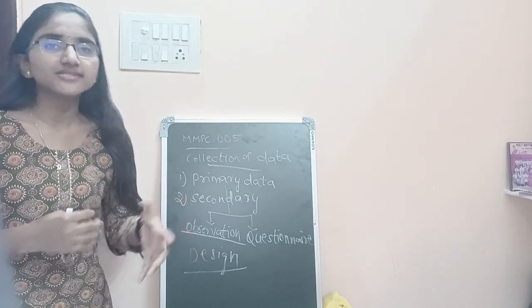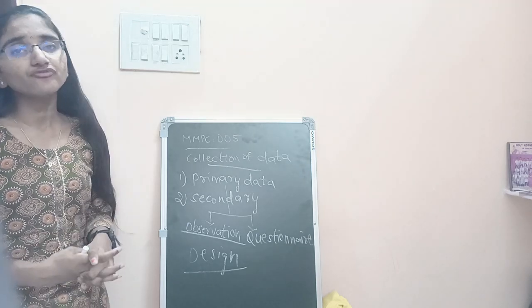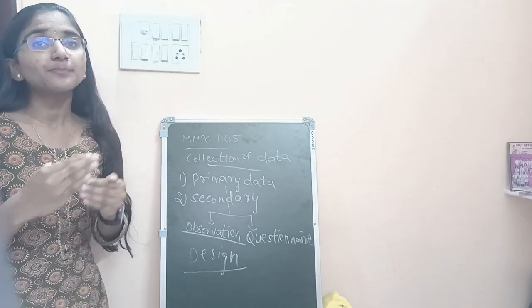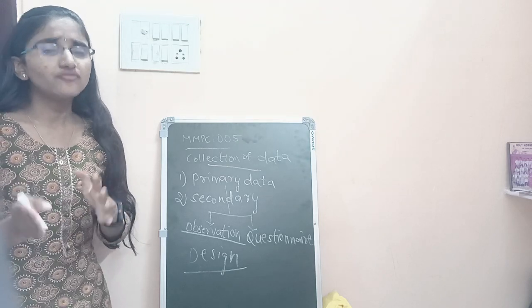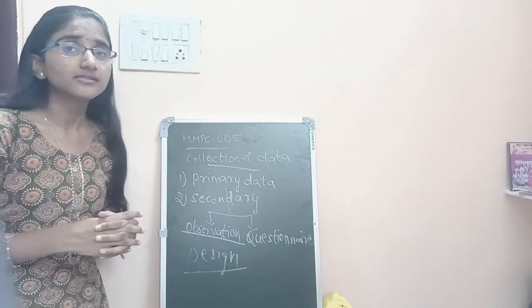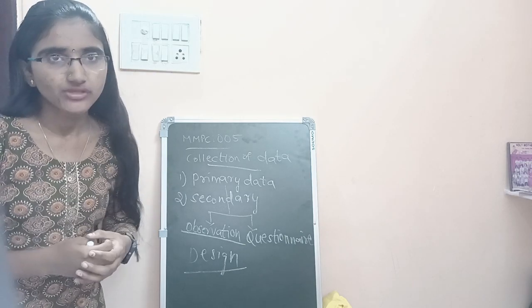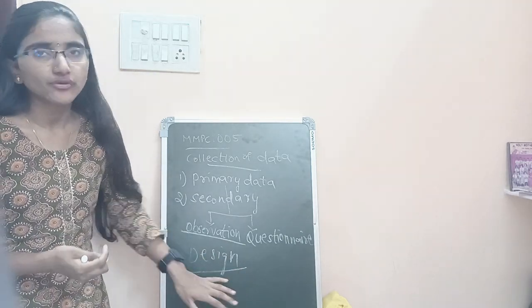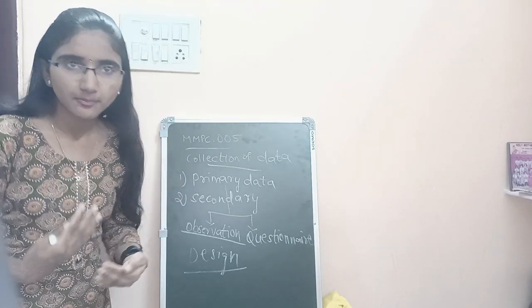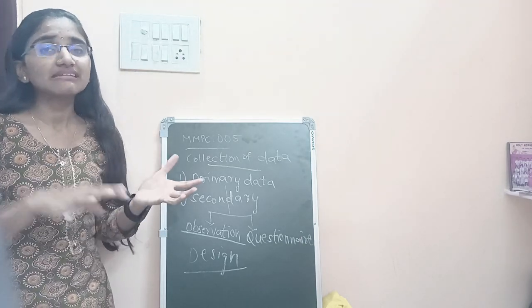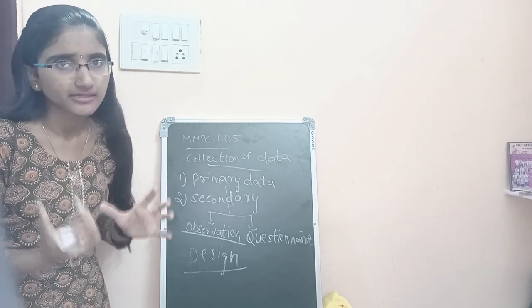Once you design a questionnaire, we go for editing the primary data. Before editing, we also have another step called pre-testing the questionnaire. Once you design the questionnaire, you pre-test it. You check whether the questions are repeated or whether there are any redundancies or incorrectness in the questionnaire.